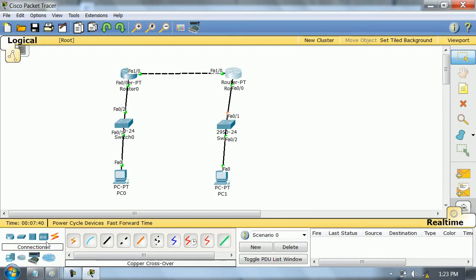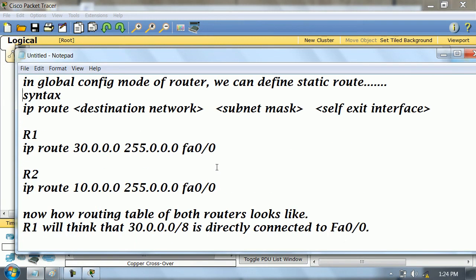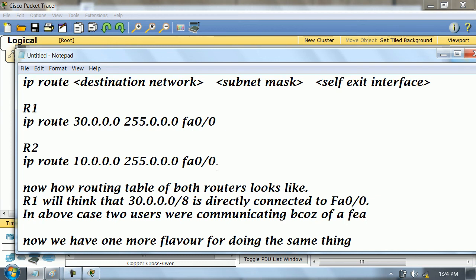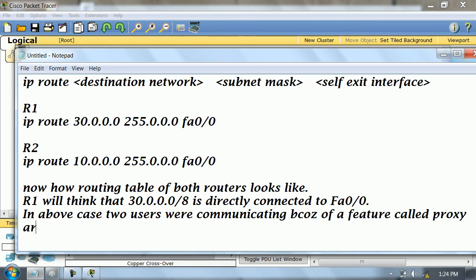Everything is done. Guys, now one more thing I want to add on. In above case, both guys were communicating because of a feature called proxy ARP. भाई घर छोड़ना है आपका.